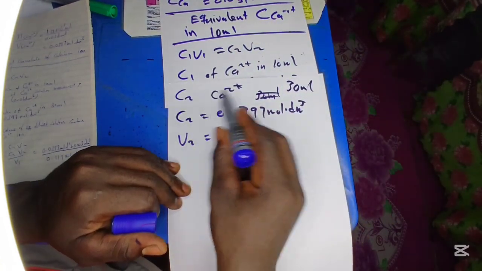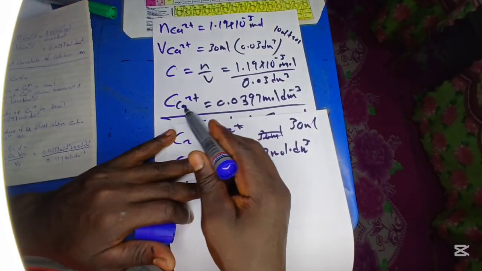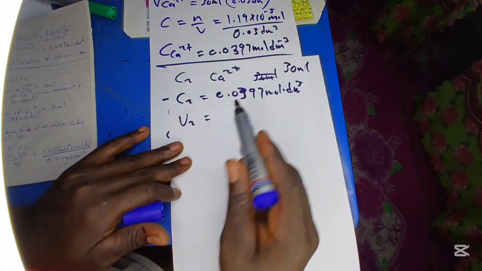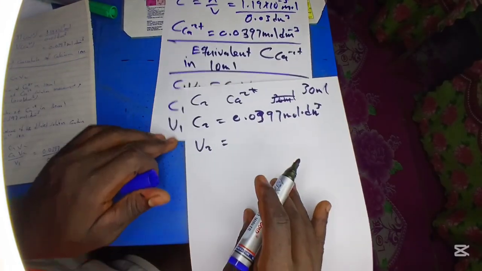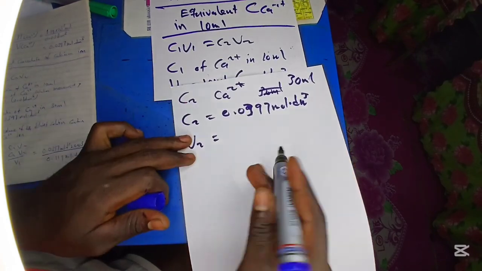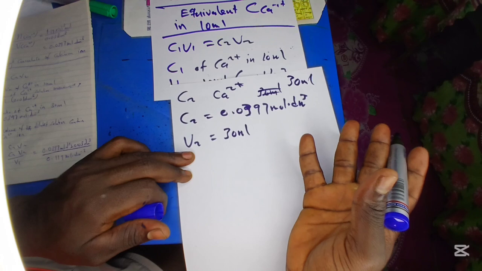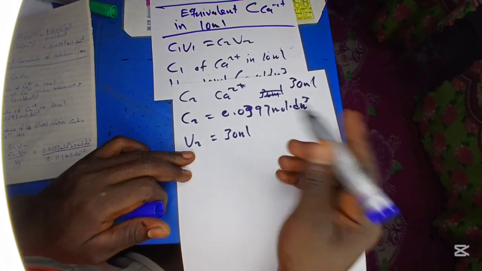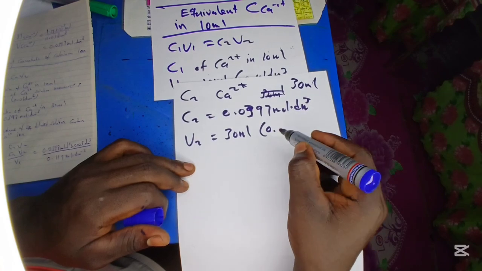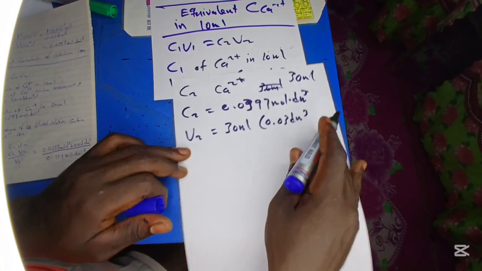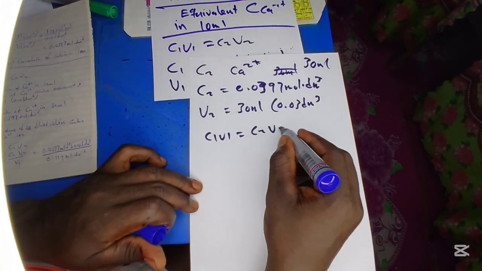That concentration we calculated to be 0.0397 mol per dm³, which is here. And our V2 is the volume of the total solution that we made, which is 30 ml, 10 ml of prepared sample and 20 ml of distilled water. Converting that to dm³, we get 0.03 dm³.